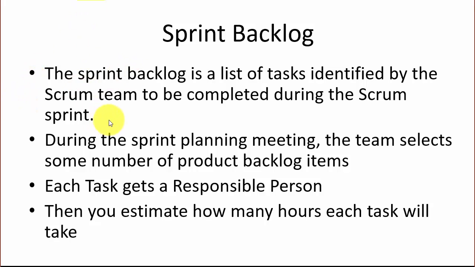So you just take items from the product backlog and put them into a list of items that should be done in the next sprint. This is typically done in the sprint planning meeting, where the team selects some of the product backlog items and puts them into the sprint backlog for the next sprint. And for each task you should set a responsible person, and you should also estimate how many hours each task will take.